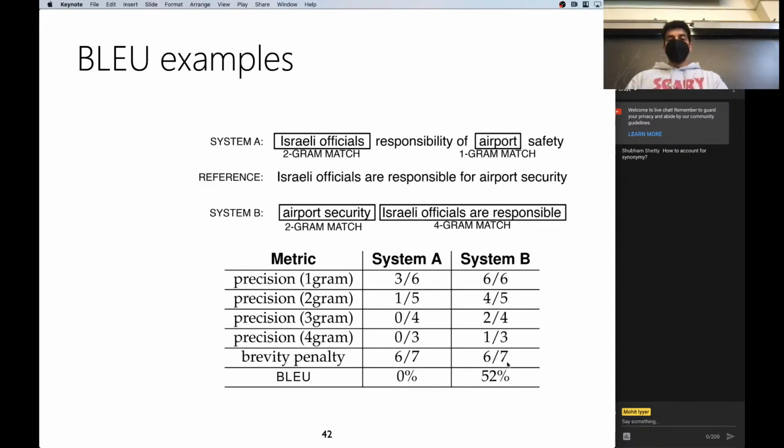So it gets some points for this, but note that there are 3 different 4-grams in this system output, and only one of them matches. So it gets 1/3 precision at the 4-gram level. So here, system B is still scoring higher than system A, which we probably want at the end of the day, because this phrase, Israeli officials are responsible, is partially correct.